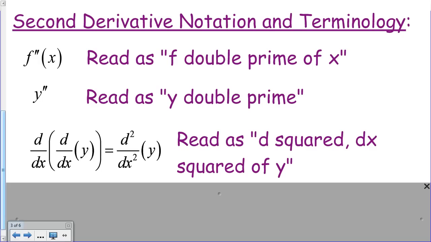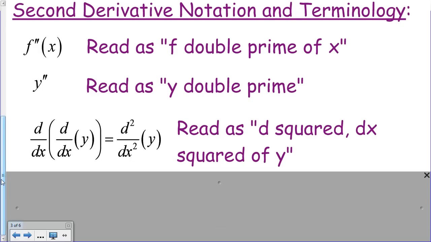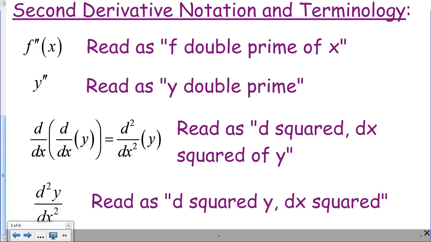The key for us is to understand that those little 2's that you see in there tell you how many derivatives you need to find. So if it's d cubed over dx cubed, I need to find 3 derivatives. If it's just d over dx, that was just one derivative. Here it's 2 derivatives, a second derivative. All right, and the last one here, we can put all that together.